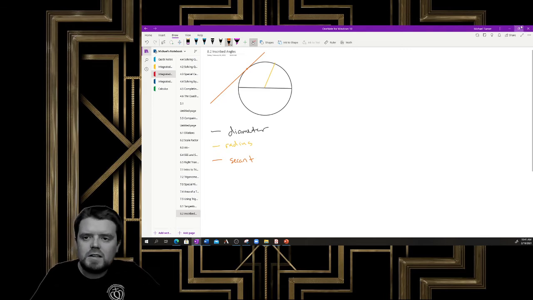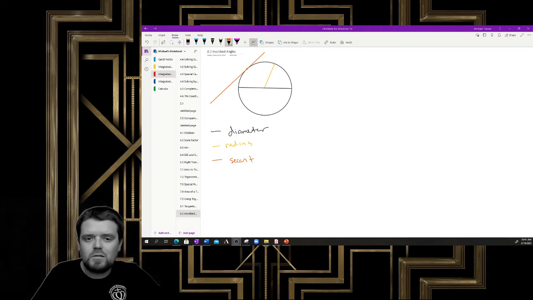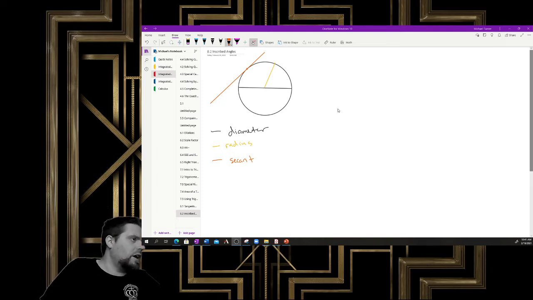We have other lines that we can draw through and in and around our circle that we want to be familiar with. The most common is what's known as a chord. A chord is a line that's inside the circle, contained in the circle.